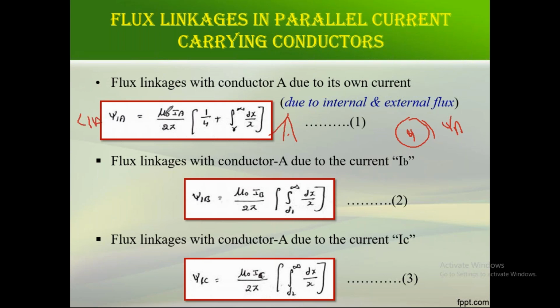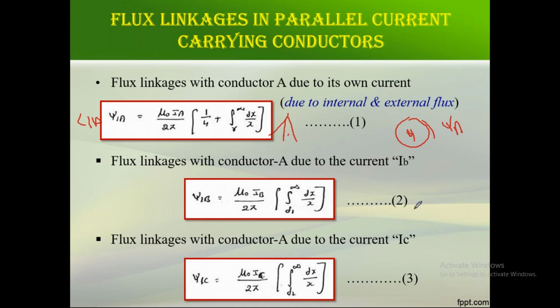And instead of mu naught, you can substitute 4 times 10 to the power minus 7 by 2 pi. If you simplify this equation, you obtain what we obtained in the derivation. And this is the flux linkage with conductor A due to the current Ia.